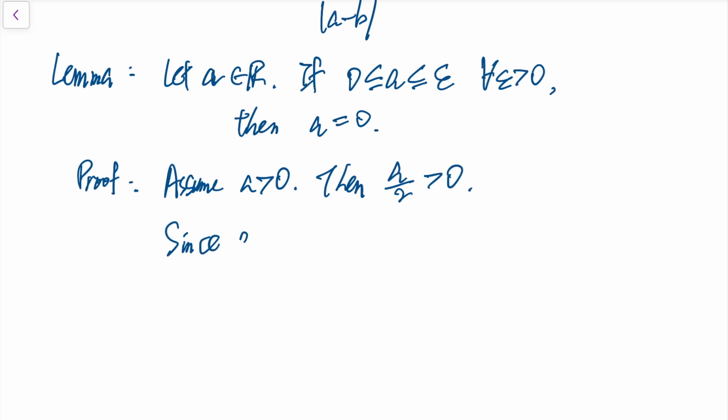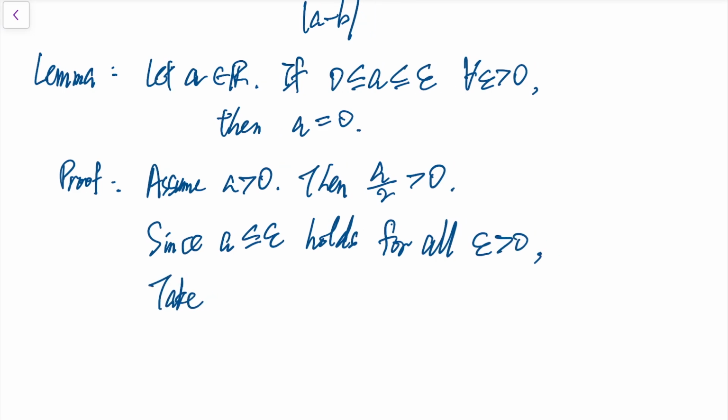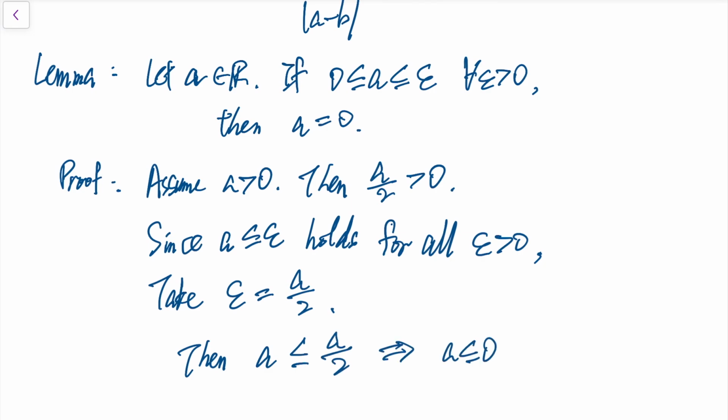Since A is less than or equal to epsilon holds for all epsilon greater than 0, take epsilon to be the value A over 2. Then A is less than or equal to A over 2, which implies A is less than or equal to 0.